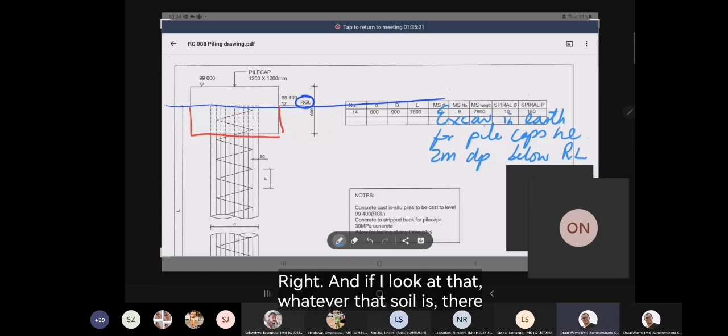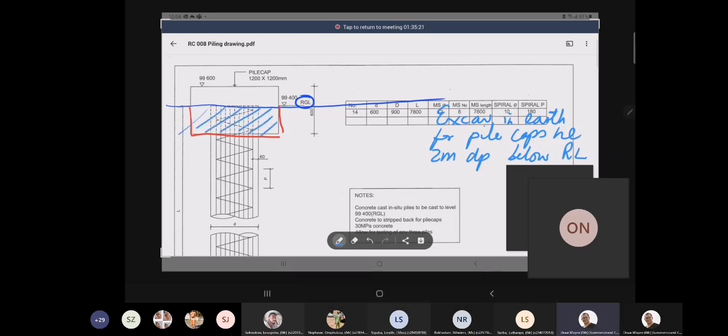Right? And if I look at that, whatever that soil is, that would be carted away. The description would be extra over all excavations for carting away surplus excavated material.